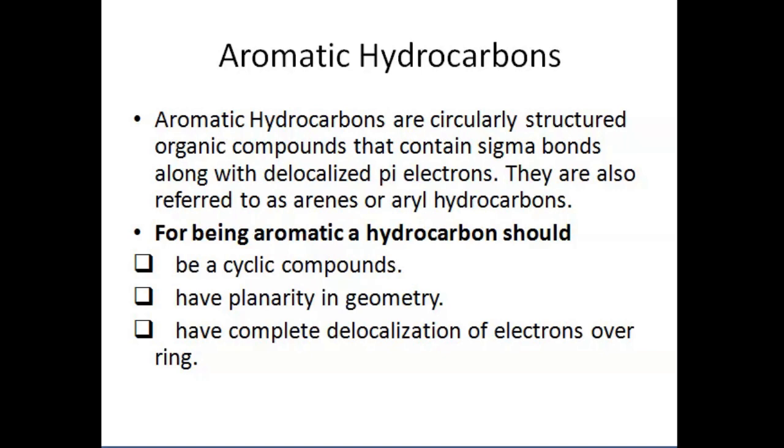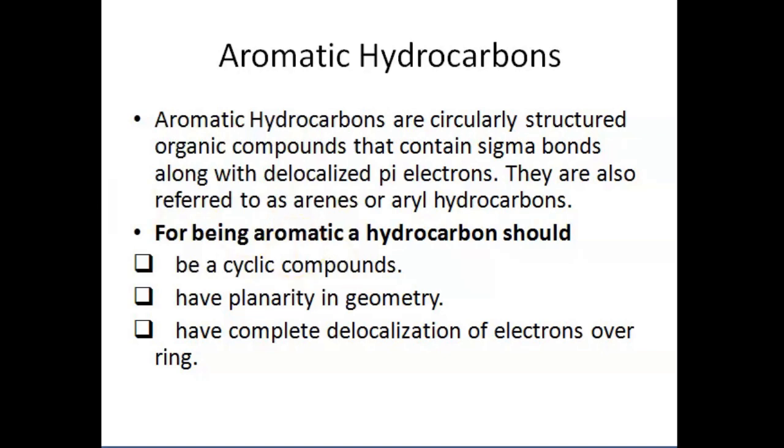For being an aromatic hydrocarbon, it should satisfy certain criteria. That is, it should be a cyclic compound, it should have planarity in geometry, and it should have complete delocalization of electrons over the ring. If a hydrocarbon satisfies these criteria, then we call it an aromatic hydrocarbon.